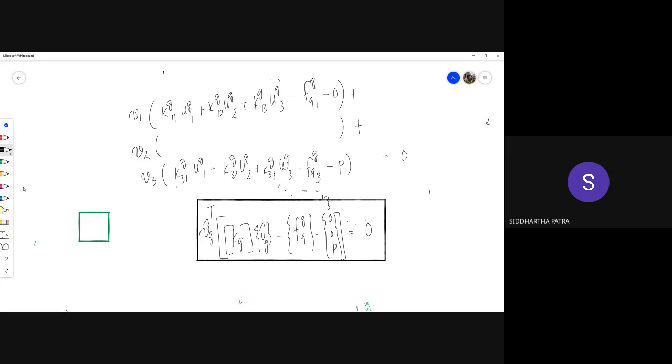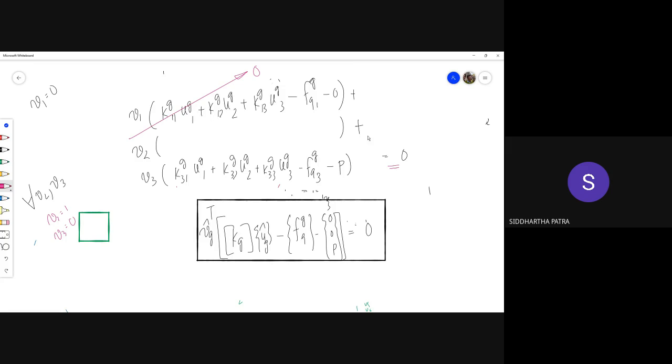Now again, V2 and V3 are arbitrary. But V1 is 0. So basically, this entire multiplication is 0. But then V2 and V3 are arbitrary, which means I can take V2 equal 1 and V3 equal 0.